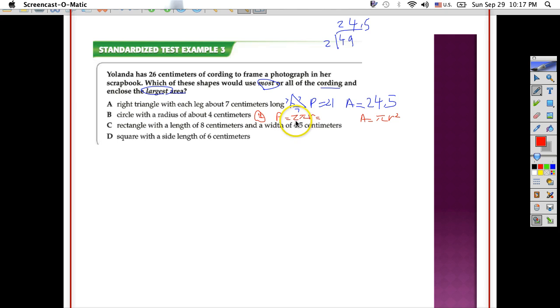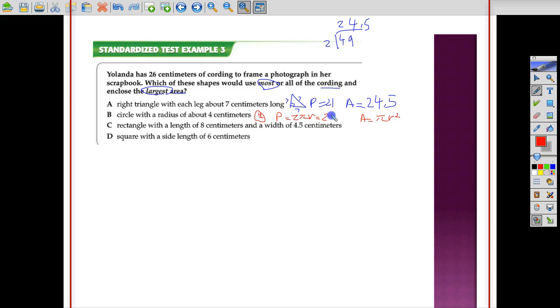So 2 pi r is 2 times 3.14, if you don't have a graphing calculator, times 4, which is 25.12. And pi r squared is pi times 4 squared, which is 16, and you'll have 50.24.